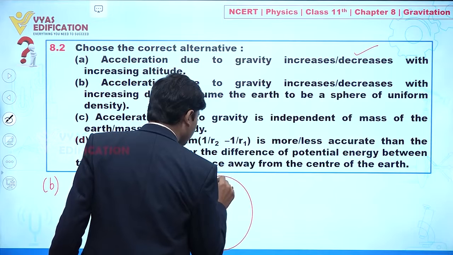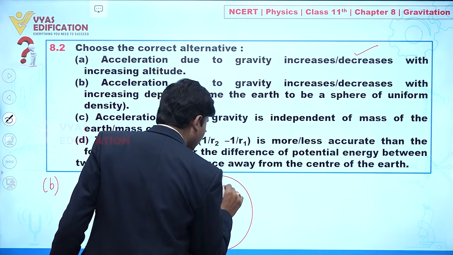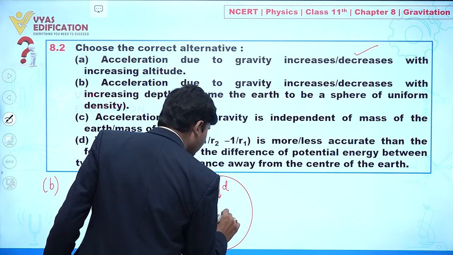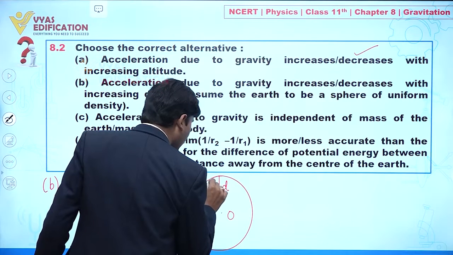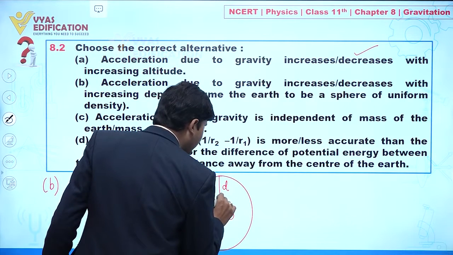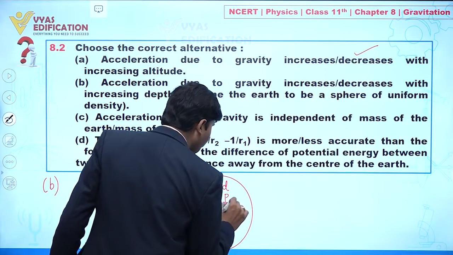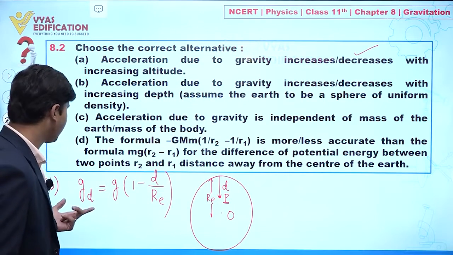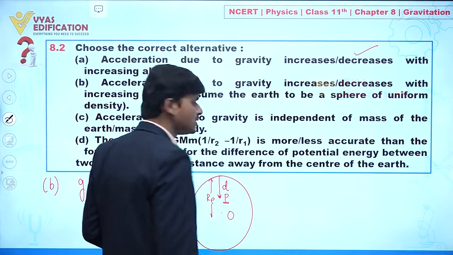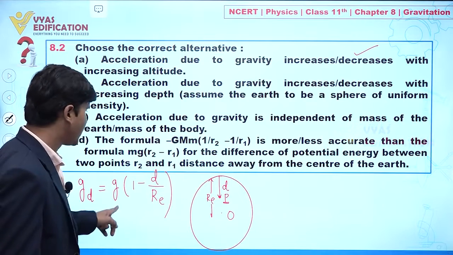Let's suppose this is the earth, and I am taking this body at a certain depth d. This is the center O, and here we have radius Re. At this position, the value of acceleration due to gravity is g1 minus d by Re.